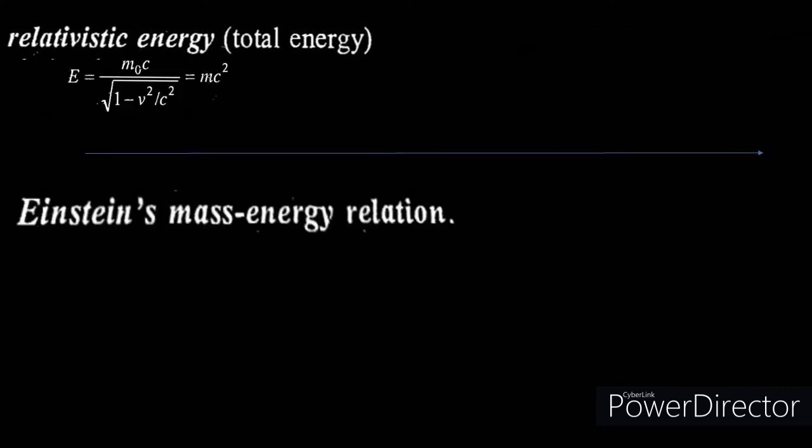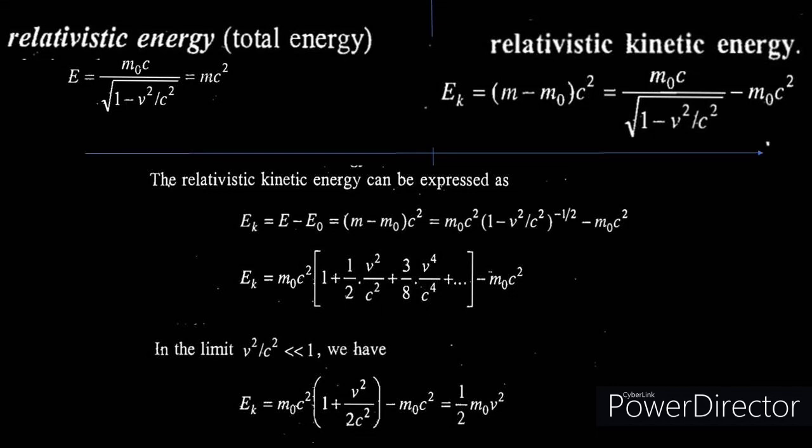When the velocity of the particle is very low, then the relativistic kinetic energy will have the exact form of the classical kinetic energy. We can see that by expanding in binomial expansion and substituting the approximation v square by c square is very less than 1.